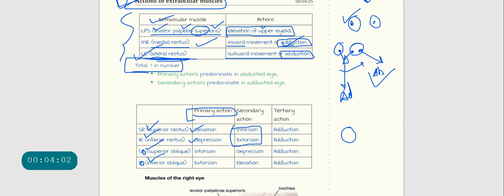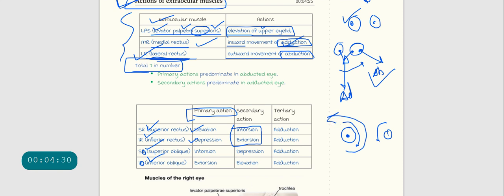Particularly, you cannot see the extorsion and intorsion of an eyeball. This is not visible to your naked eyes. So intorsion is nothing but inward rotation of the eyeball, and extorsion is nothing but outward rotation of the eyeball.